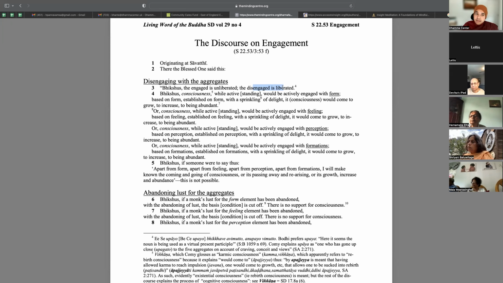What is engaged with the Vedana? How do we usually engage with the Vedana? Mamatvein Vedanaava gannawa.